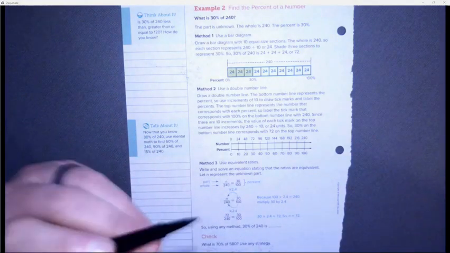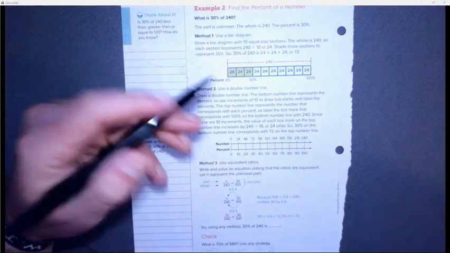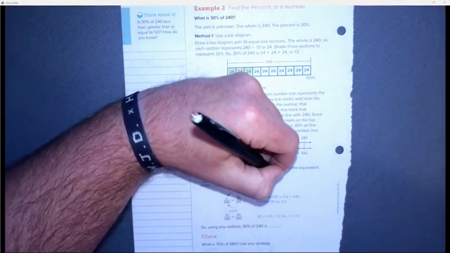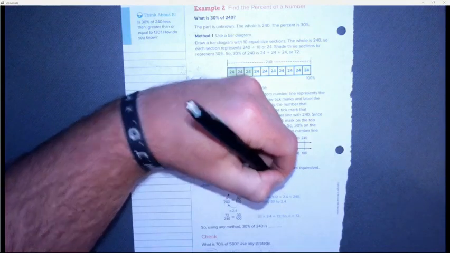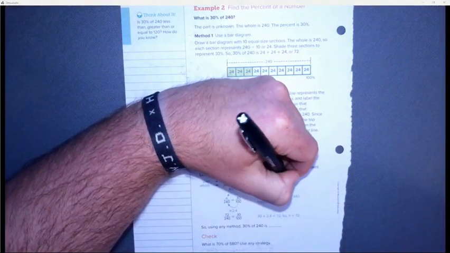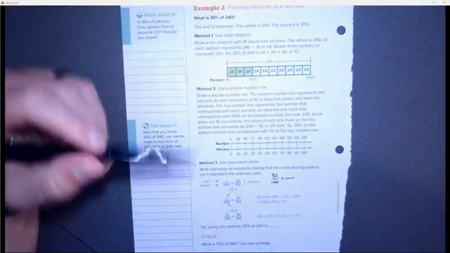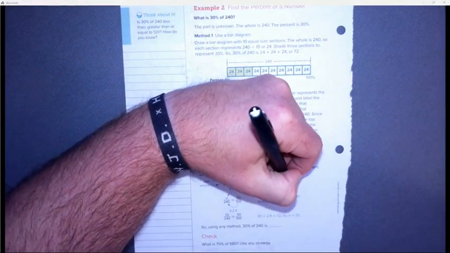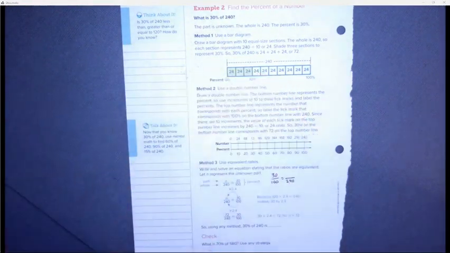The other way we can do it with our equivalent ratios, equivalent fraction way, is 30% is 30 per 100. And I want to know what 30% is of 240. Since it said 30% of 240, 240 is my whole. So I'm going to put it as my denominator.